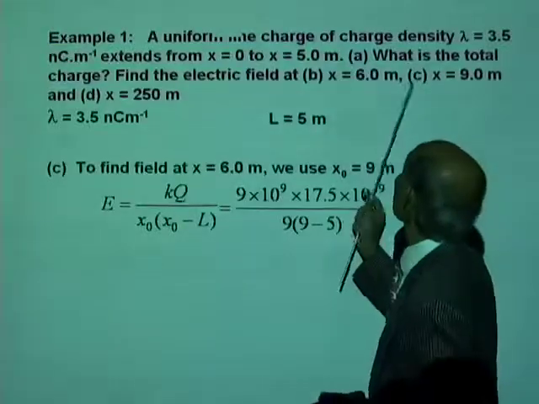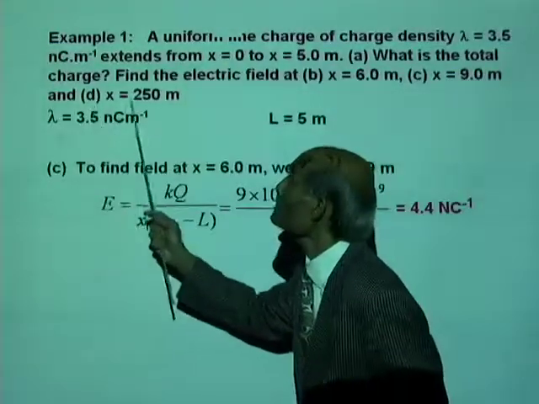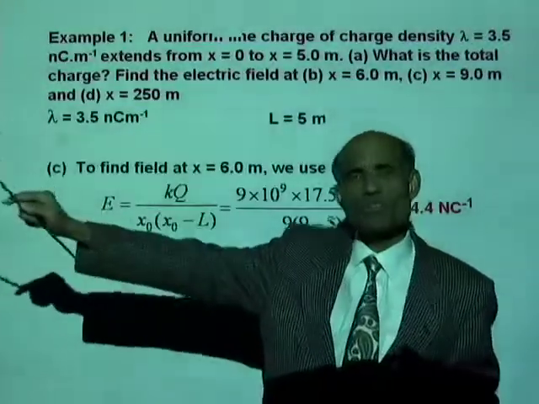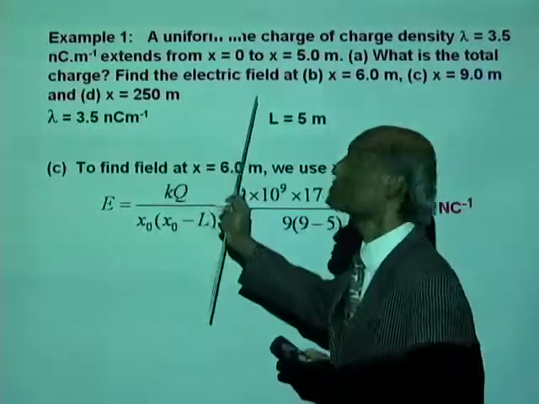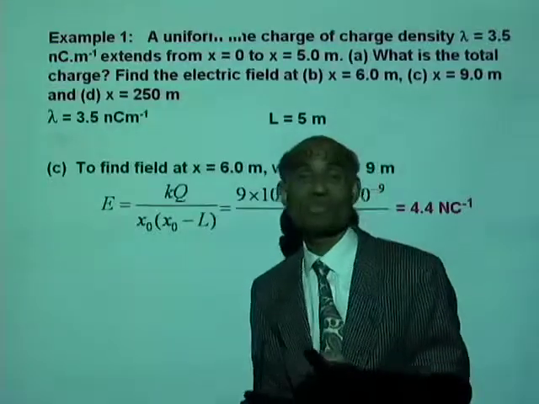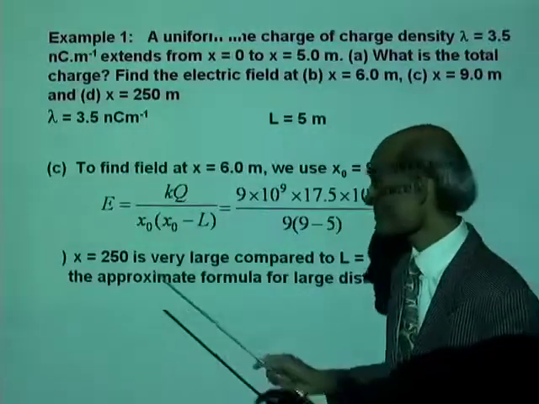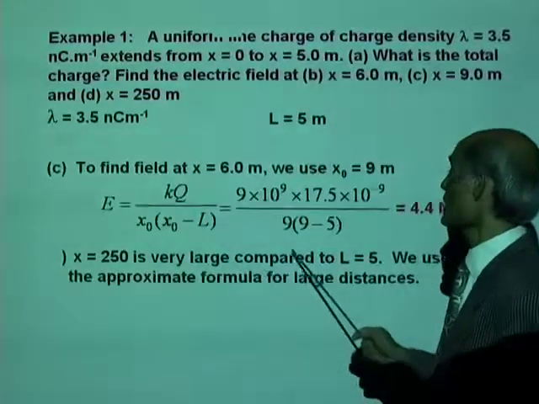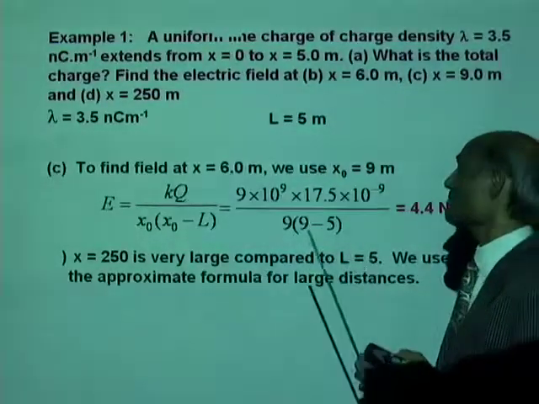How about D? Find the electric field at a distance 250 meter. Well, that's quite considerable. That means we can use the approximate formula. What is the approximate formula? X equal to 250 is very large compared to L equal to 5.